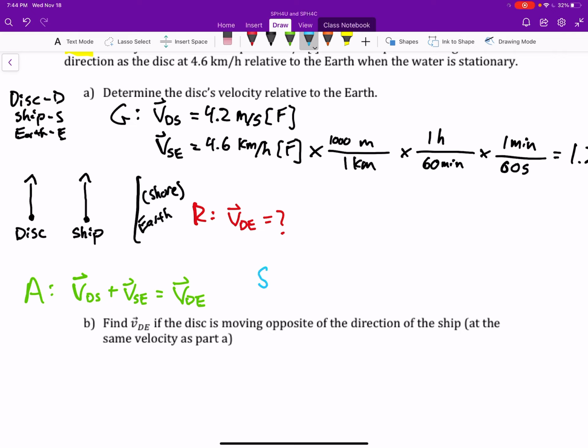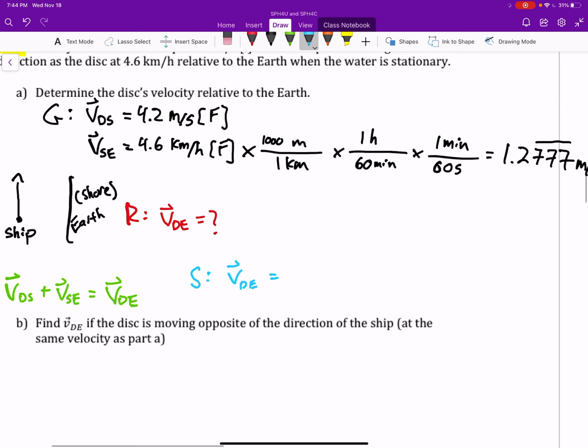So then in our solve step, we use our equation from before to find our unknown. And we can plug in our values. 4.2 meters per second forward, or rather, what we'll do is make sure the directions match.